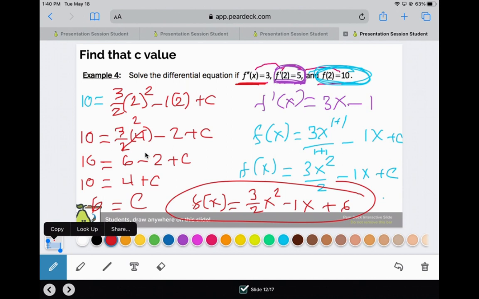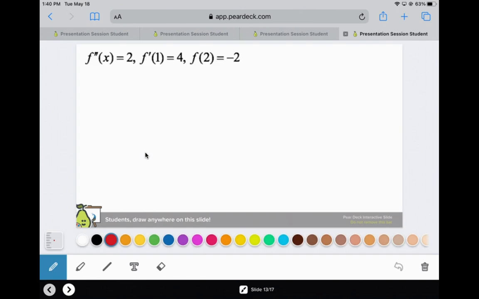Okay, let's do another example. So I'm going to start with this first. I'm going to do the antiderivative. Notice I start with f double prime, so I'm going backward. I'm going to this box right here. Just a 2 would turn into 2x plus c.